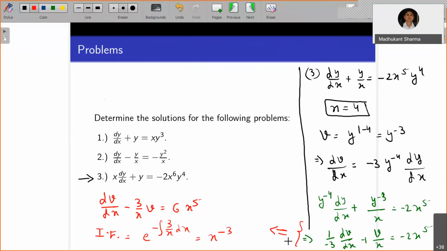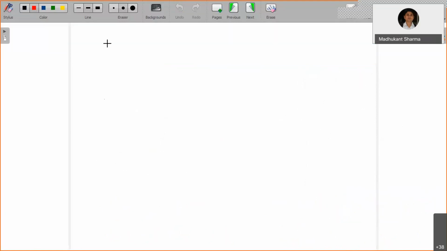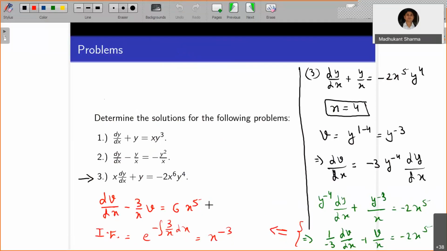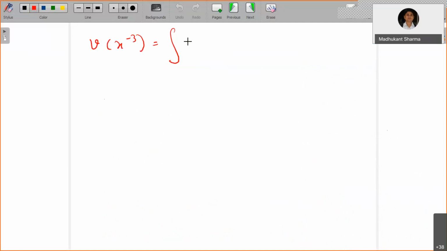Once you have this integrating factor, I can write the solution. The solution will be v into the integrating factor, x to the power minus 3, equals the integration of q, the right side, that is 6 times x to the power 5, into the integrating factor x to the power minus 3 dx, plus some arbitrary constant c.